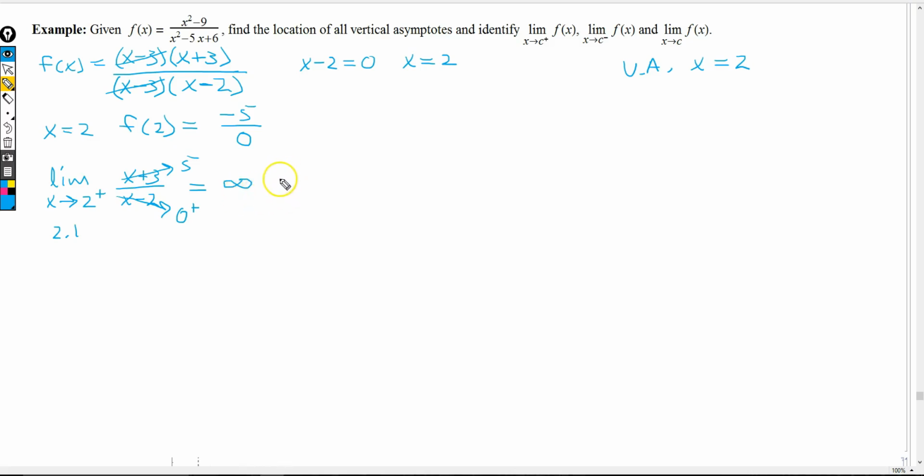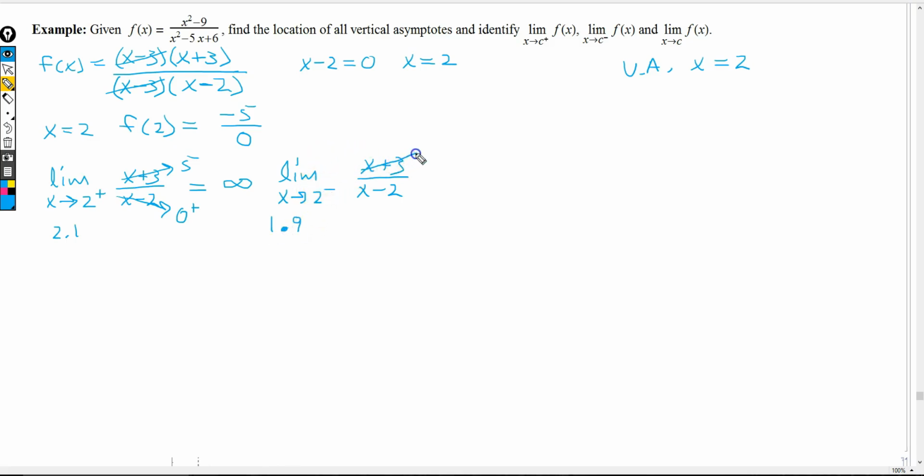So positive infinity. Limit as x approaches 2 from the left, x plus 3. Now as x is approaching 2 from the left, it's going to be taking on values like 1.9, 1.99, and so on.